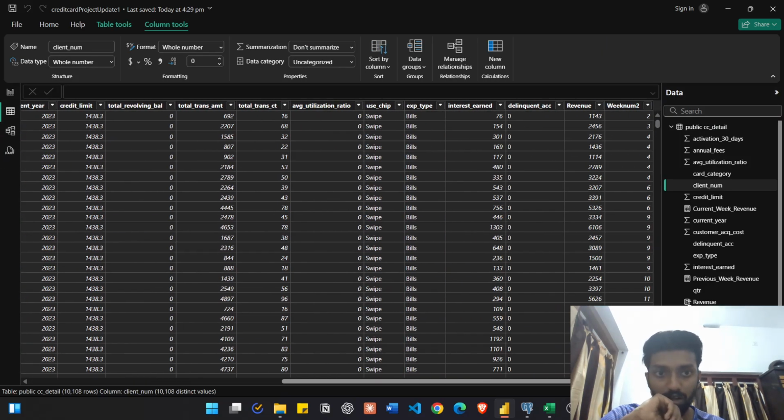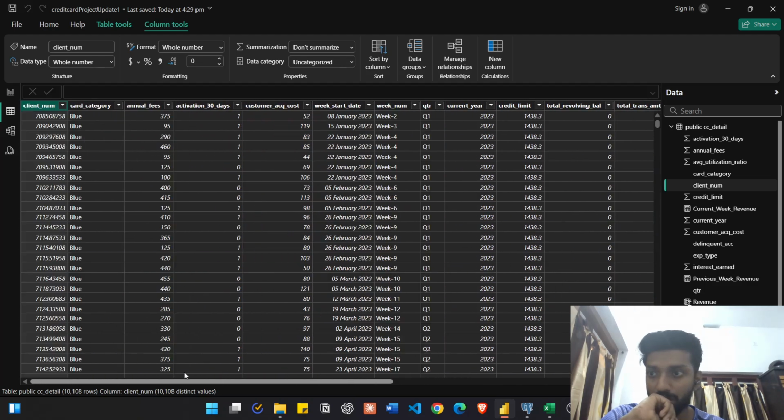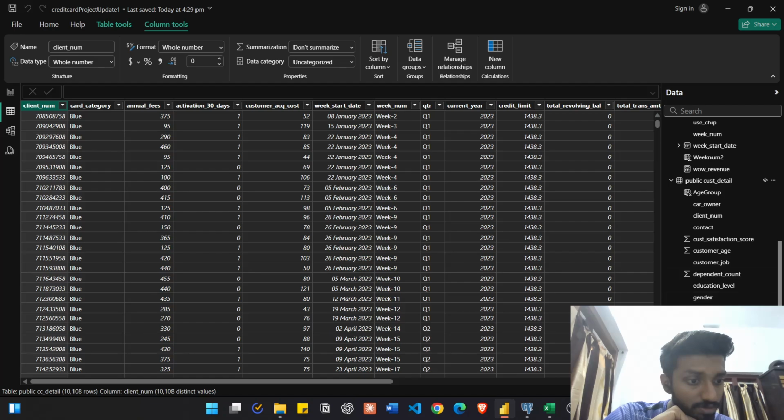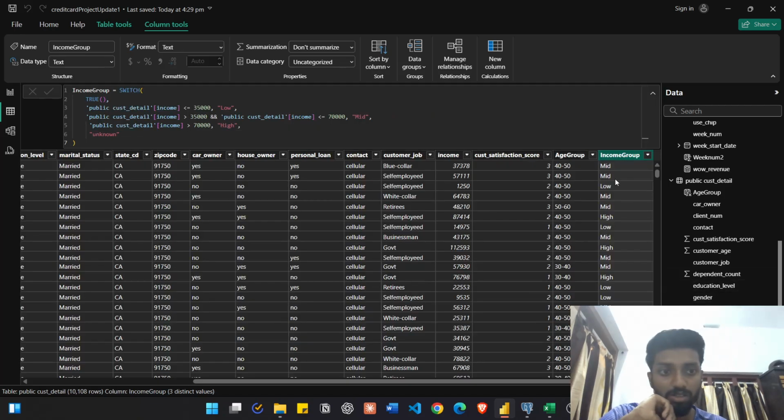I'll show you how the income group is created. This is a new column we created using a DAX function. Here we segregate the group based on how much income the person is generating.